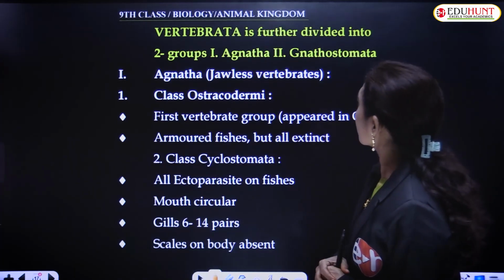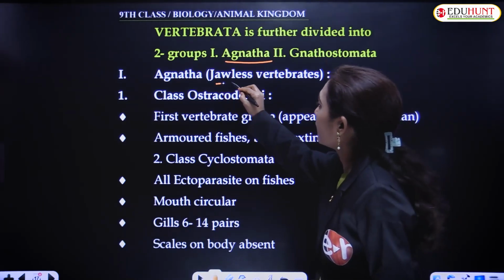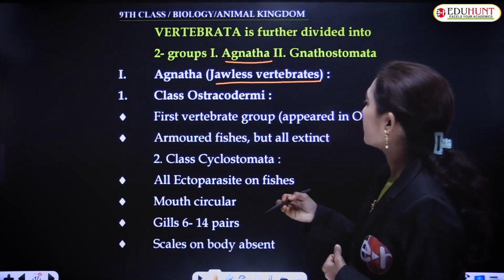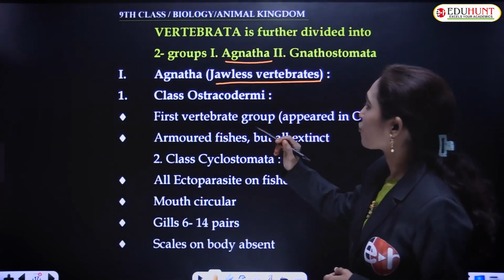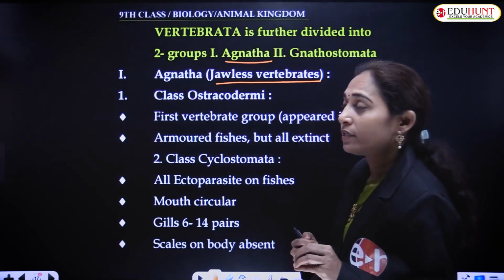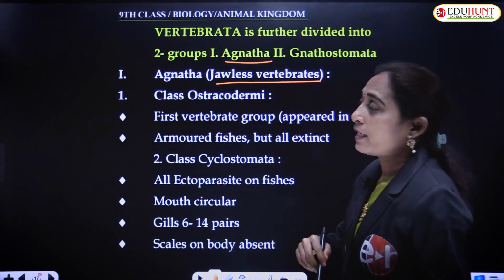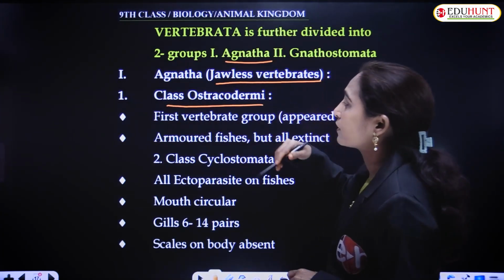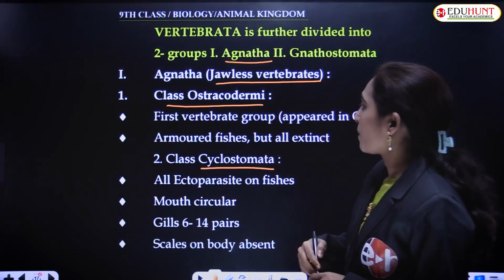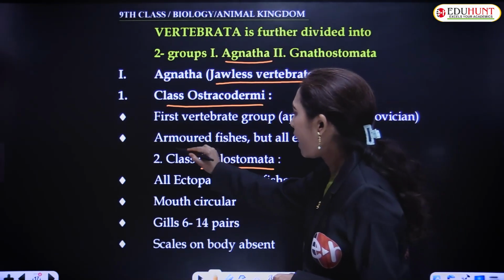Vertebrata is further divided into two groups: Agnatha, which are jawless vertebrates, and Gnathostomata, in which the vertebrates with jaws were included. Agnatha is classified into further classes: Ostracodermi and Cyclostomata.